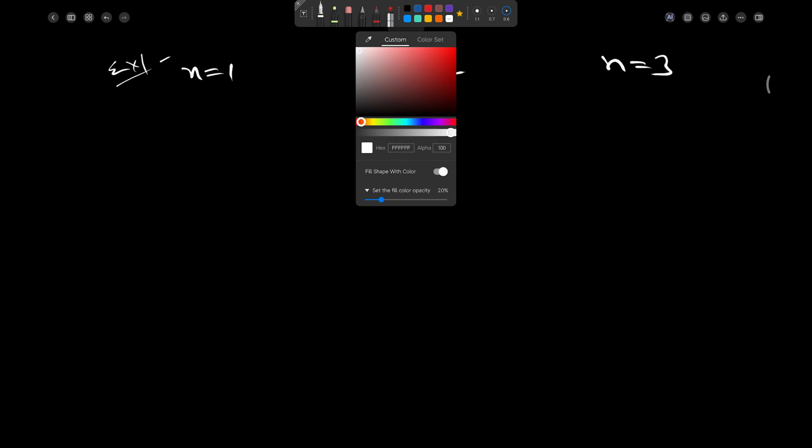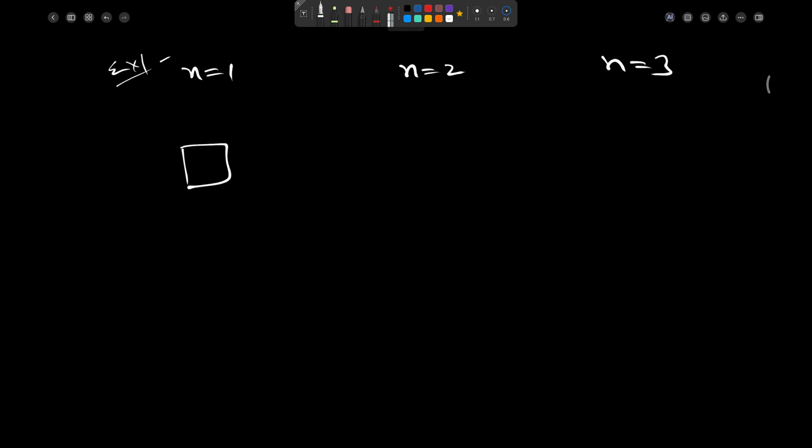Alright, let's take a look at the examples that were given in the problem. I am taking 3 examples here: n equals 1, n equals 2 and n equals 3. For n equals 1, we will be given a single square here that will be filled with blue color. Now for the second iteration, we will take this as the second example. This was the input.